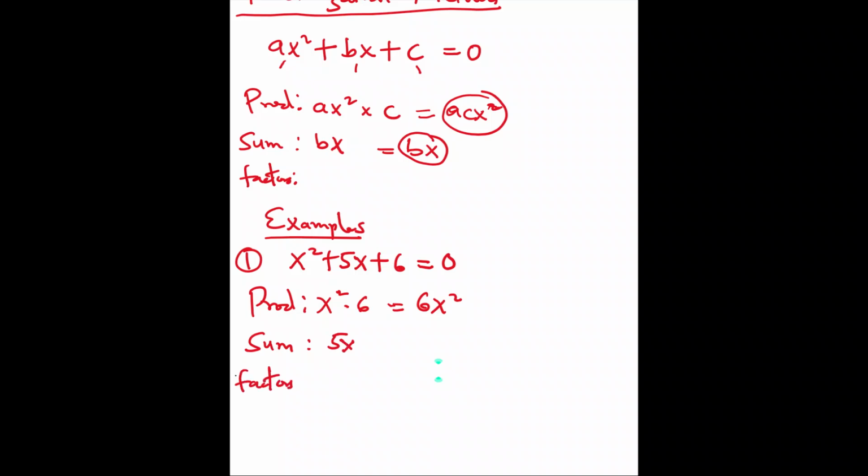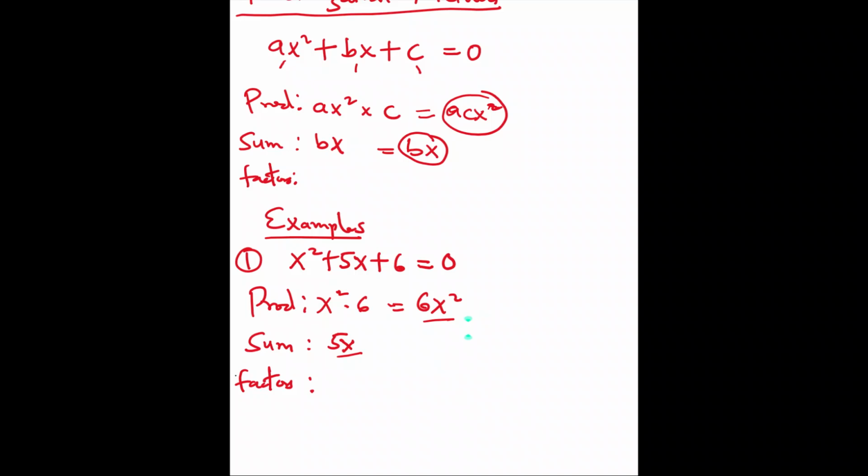We are trying to look for two factors that, when multiplied, give us 6x squared, and when summed, give us 5x. If we do 5x times x, that gives 5x squared, so it will not give us this term.